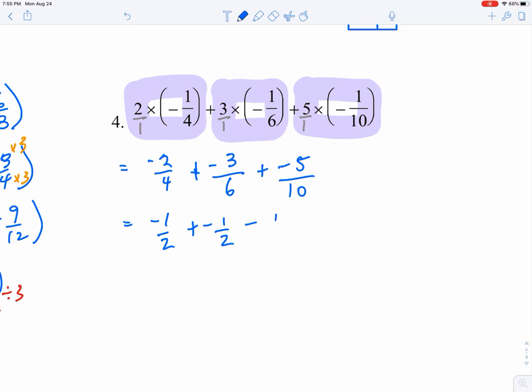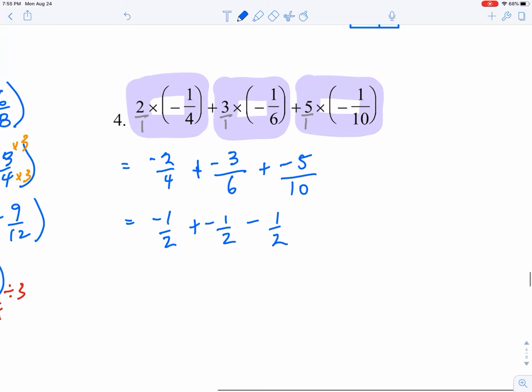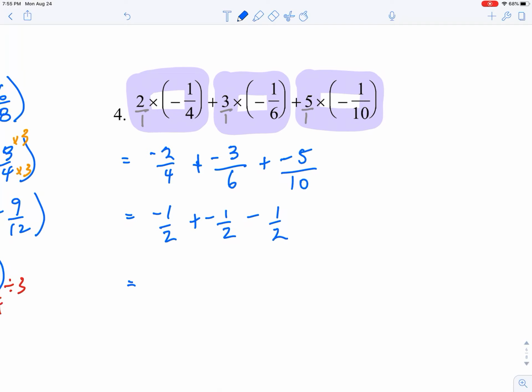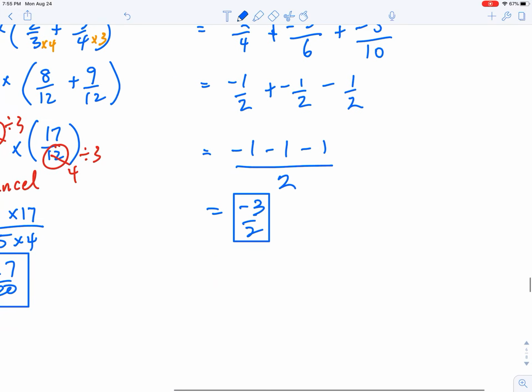So that's going to give me also a minus a 1/2. So I've got minus a half plus minus a half minus another half. So that's the same as common denominator of minus 1 minus 1 minus 1 all over 2, or minus 3 halves. That's question 4.